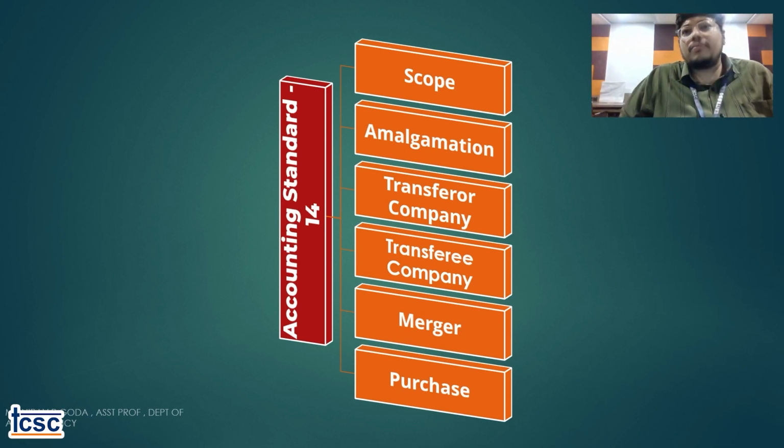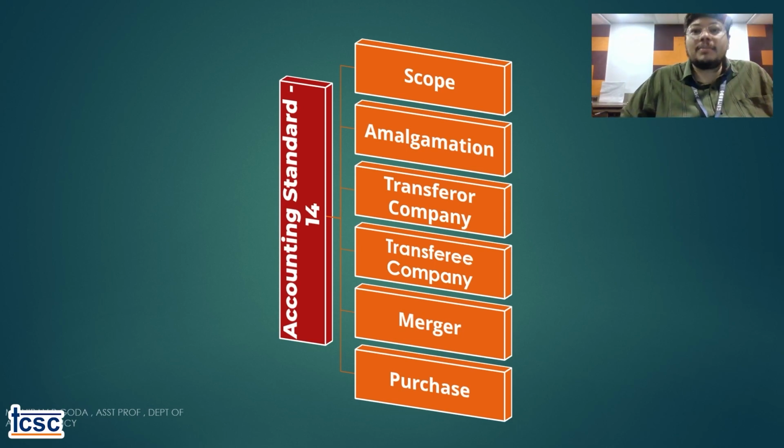Now coming towards merger. Merger is a part of amalgamation, and it is nothing but a combination of two firms. In merger, the two companies not only pool the assets and liabilities of that particular company, but they take over the share capital as well as reserves and surplus of the previous company.